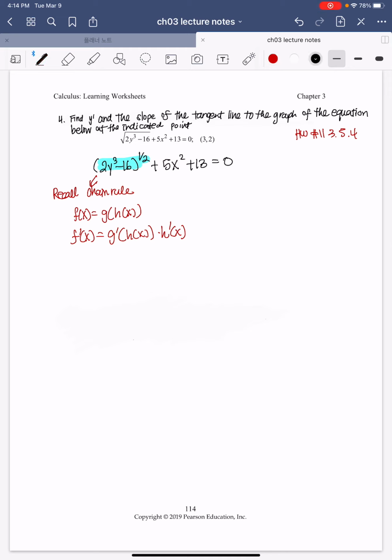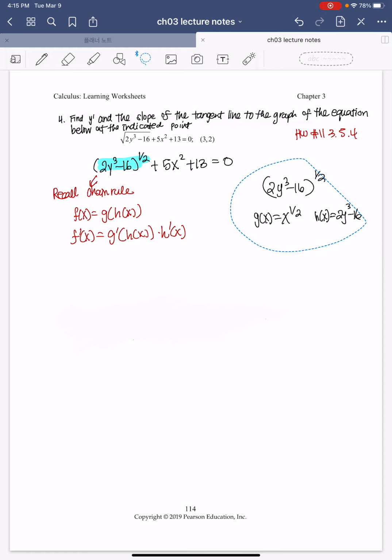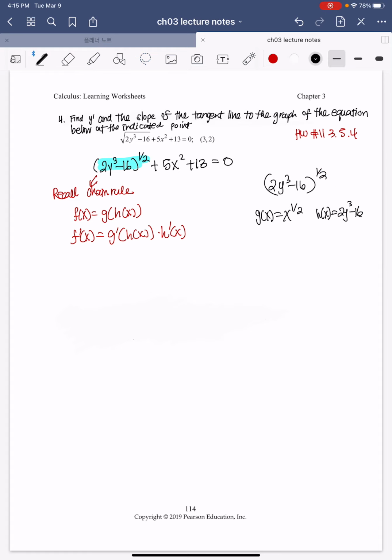We have 2y cubed minus 16, raised to the half. So my g function will be x to the 1/2, and my h function will be 2y cubed minus 16. Everybody follow that part? Okay.